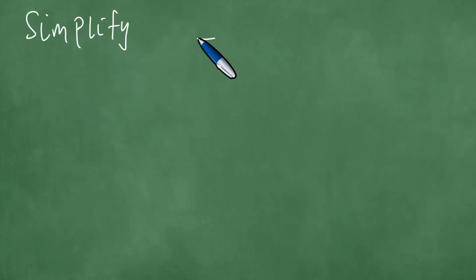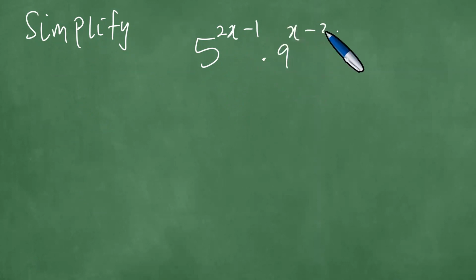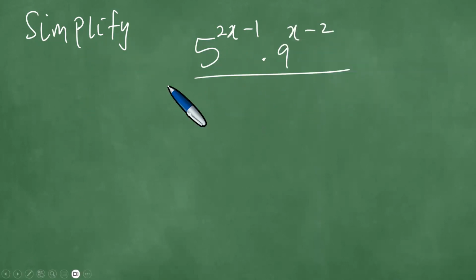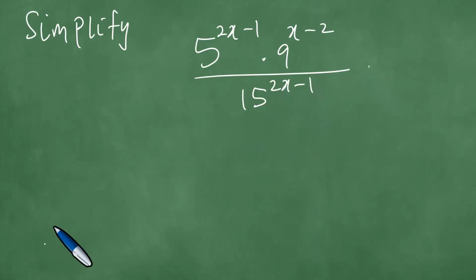Next, simplify. Right, you need to simplify 5 to the power 2x minus 1 times 9 to the power x minus 2 divided by this. What is the answer here?